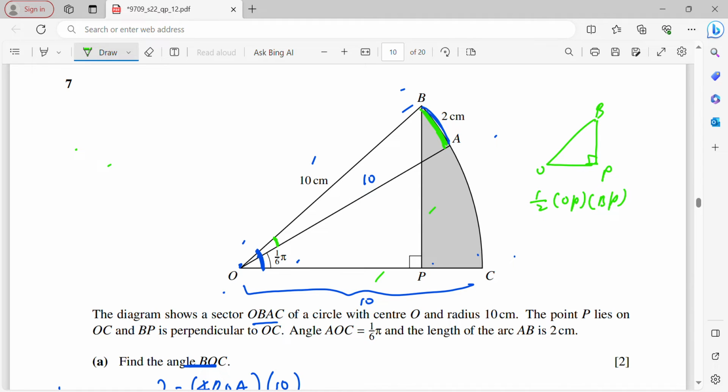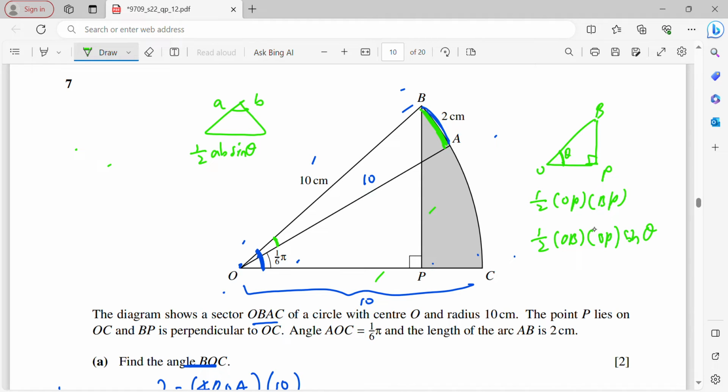So another option is, since we know this angle BOP, I will just use half OB OP sine of the angle, because we have a formula here. Let's say here is AB, this is theta. Your area is half AB sine theta. That is the formula for area of a triangle.